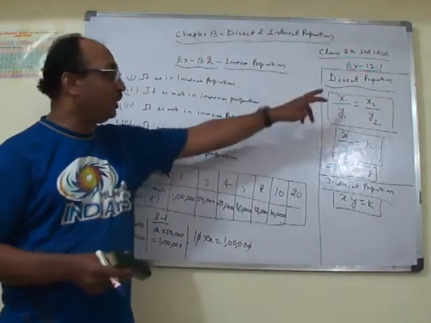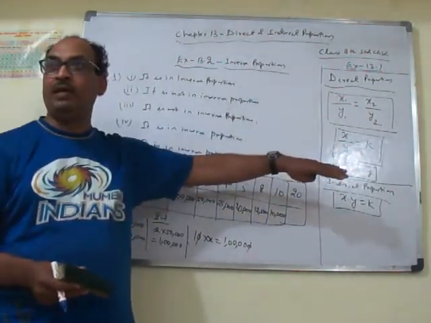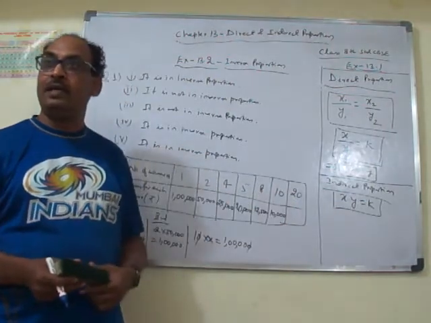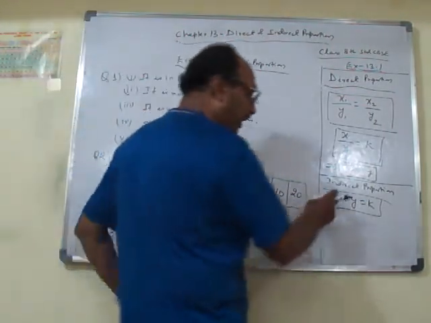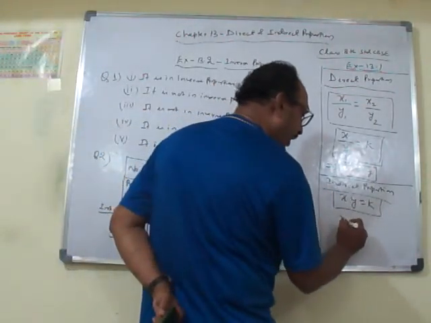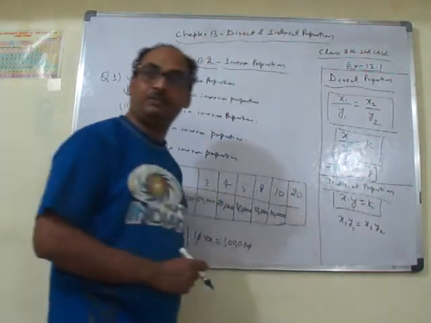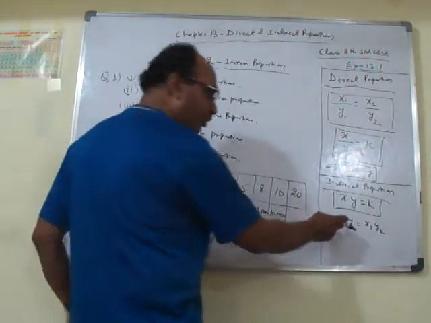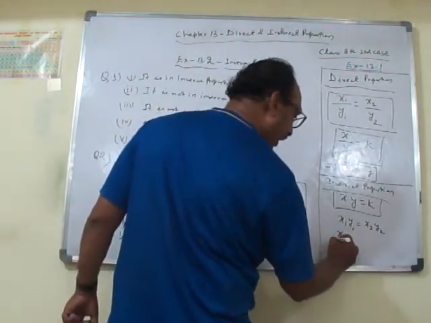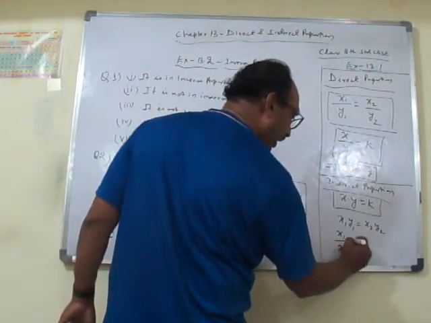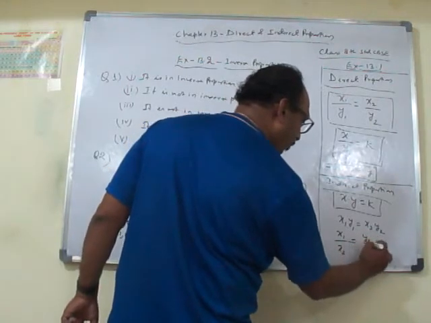In direct proportion you are using x1 by y1, but here you will be using xy. So it is x1 y1 is equal to x2 y2, like this. What it means is, if you write x1 by x2 here, then here it will become y2 by y1.